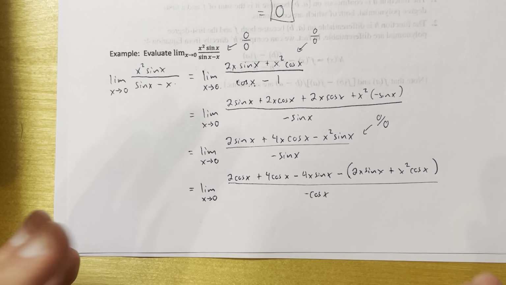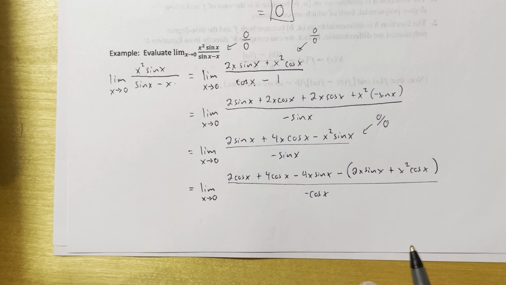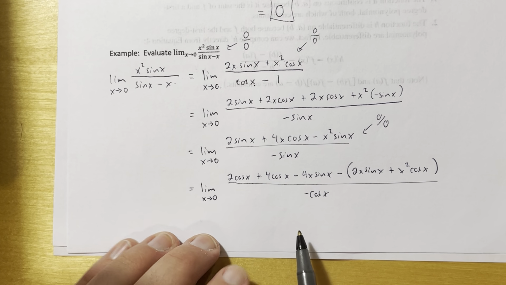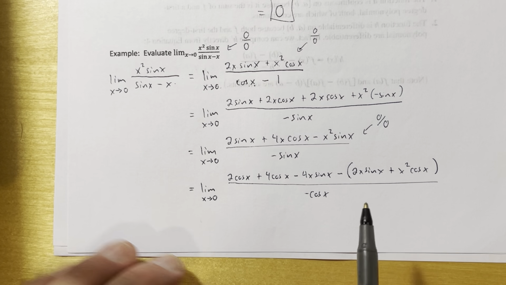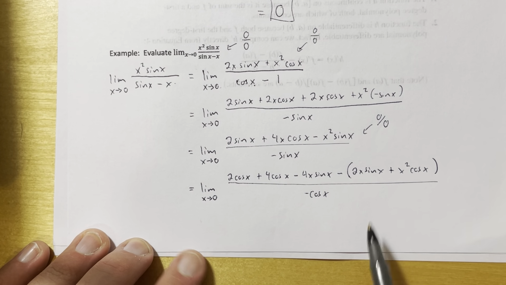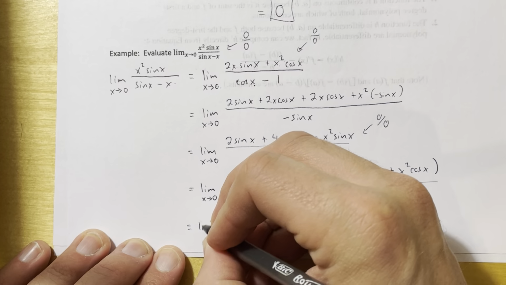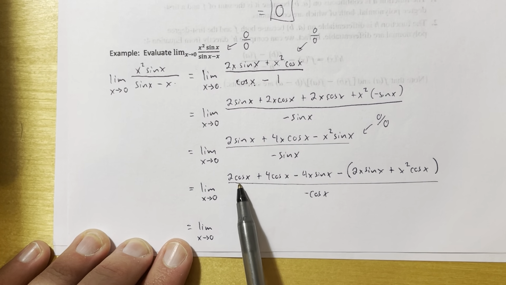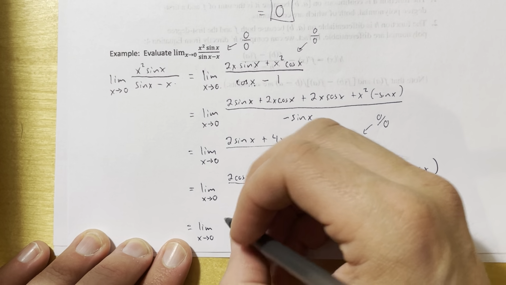So I'm expecting this now to not be an indeterminate form anymore because my denominator is going to come out to -1 if I plug 0 in directly. So what I'm going to try and do is simplify some things here. This becomes the limit as x approaches 0 of, I have a 2 cosine of x plus 4 cosine of x.